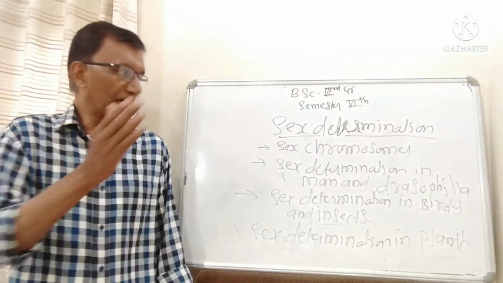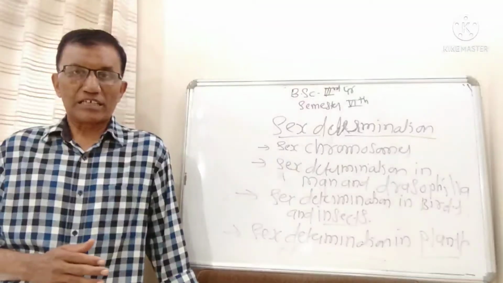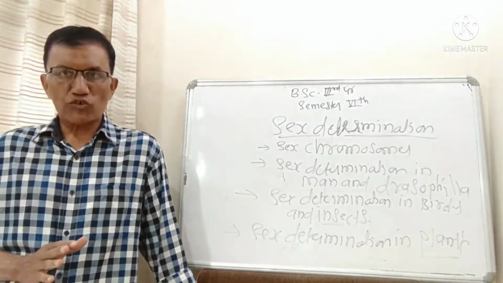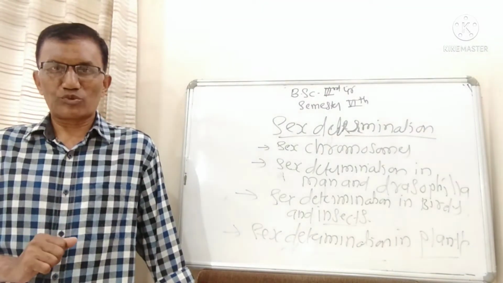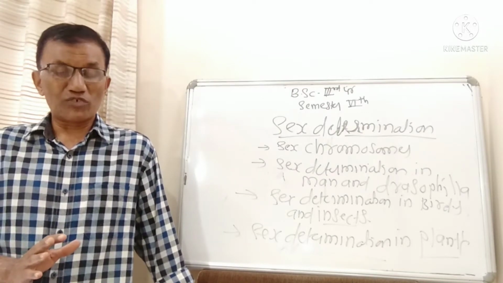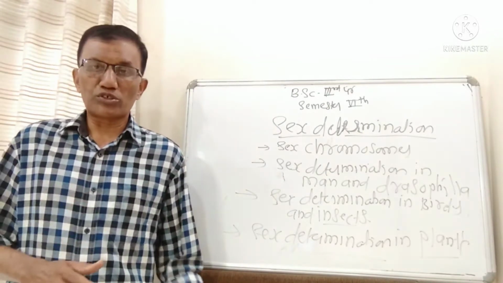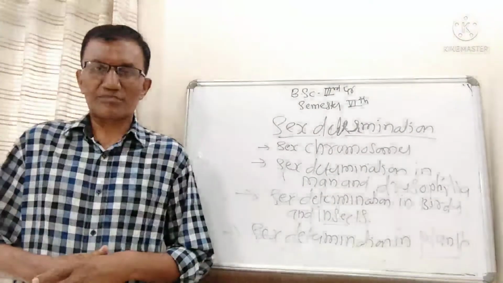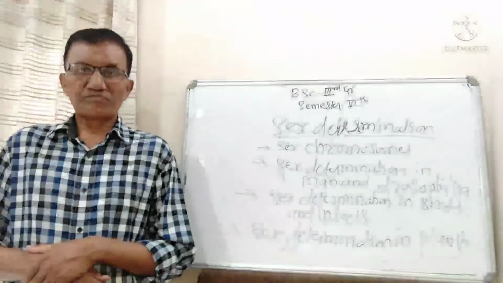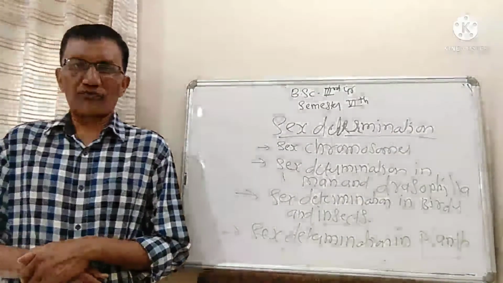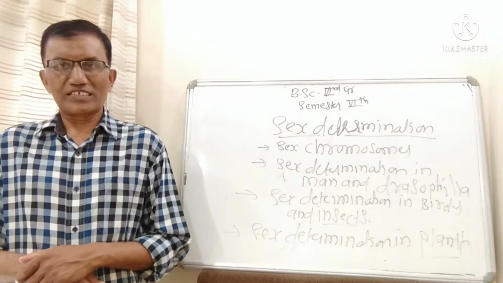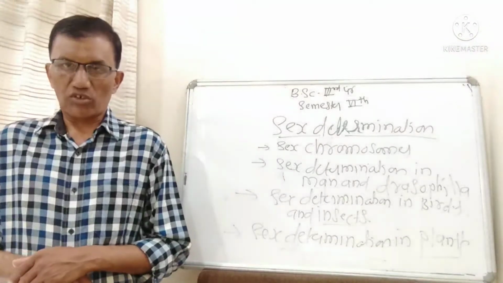For example, the ratio of autosomes versus X chromosomes plays an important role. If the ratio is 1.0, then it is a normal female.